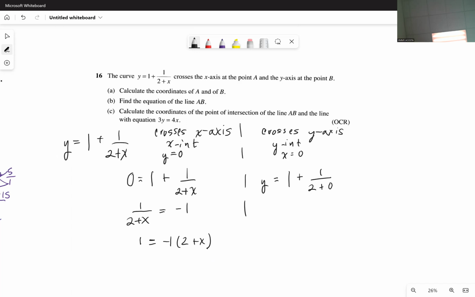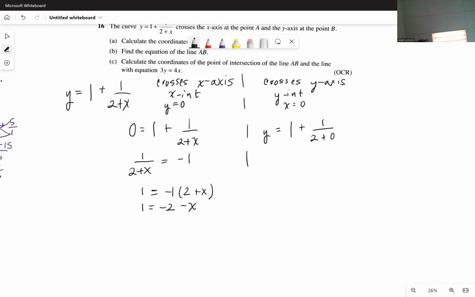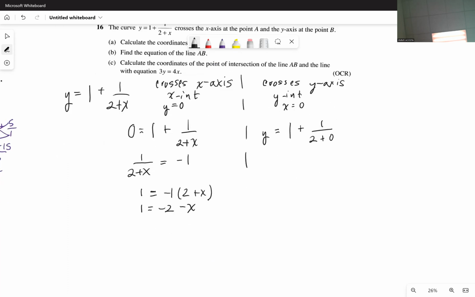And then what would you do? Distribute, right? This is not something I should go over, really, the solving of that. And then I would just make the x positive and so on, like that. Is that correct? Oh, you can't see it. I would do that. Make sense? That's what I would do.